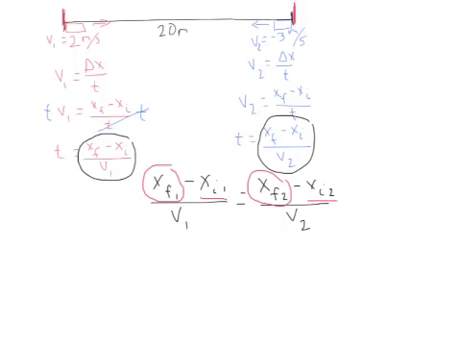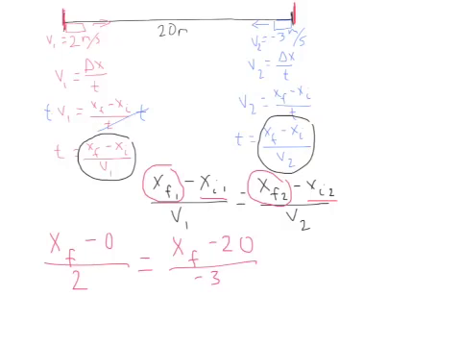So I'm going to say x final minus 0 divided by the velocity of cart number 1, which is 2 meters per second, is equal to x final minus the initial position of cart 2, which is 20, all divided by the velocity of cart number 2, which is negative 3 meters per second. And now we just have to solve this equation for x final.